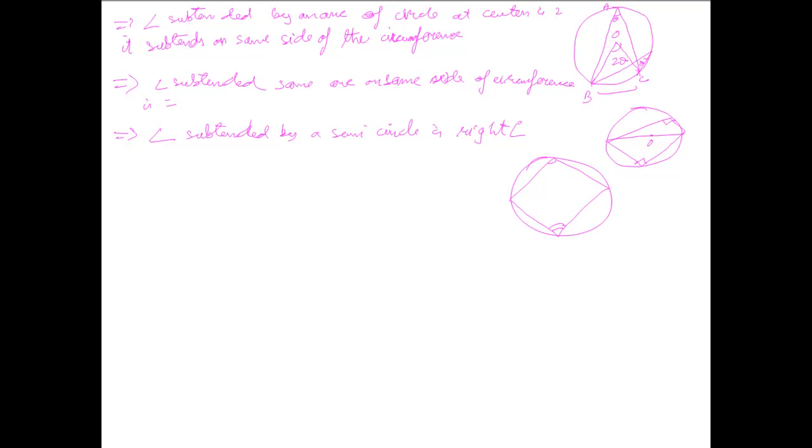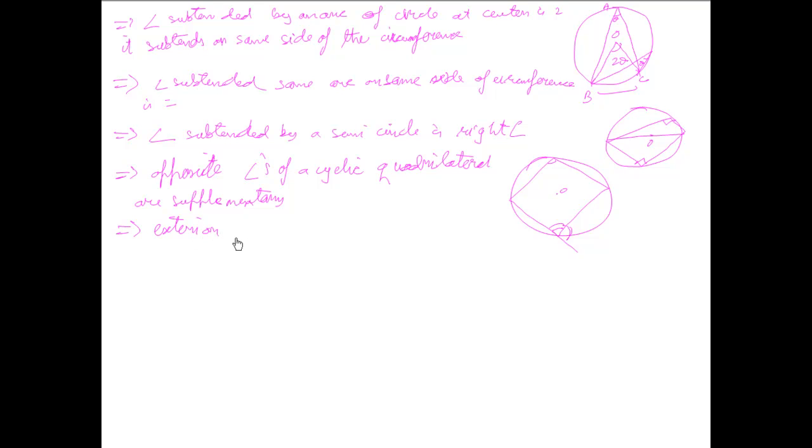Opposite angles of a cyclic quadrilateral are supplementary, children. And the other property, the extended property: the exterior angle of a cyclic quadrilateral is equal to its interior opposite angle, children.